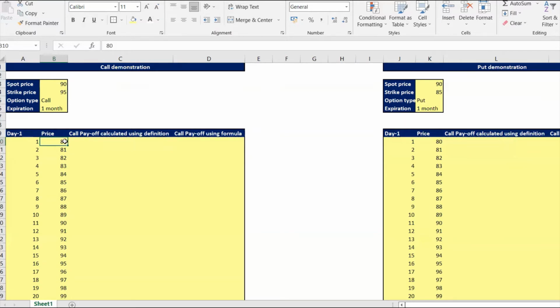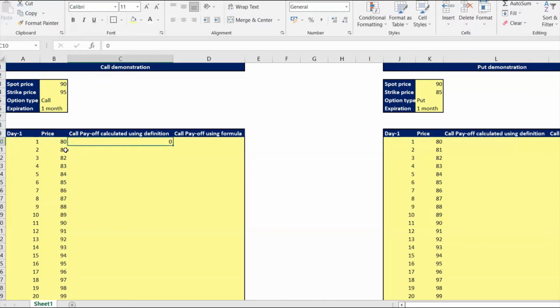If you wish, you can directly buy from the market at a price of 80 instead of exercising a call option and buying at 95. So you will not buy using the call option; you will buy directly from the market if required. So the call option will not fetch you any benefit. The payoff would be zero if the stock price is 80 on day one.